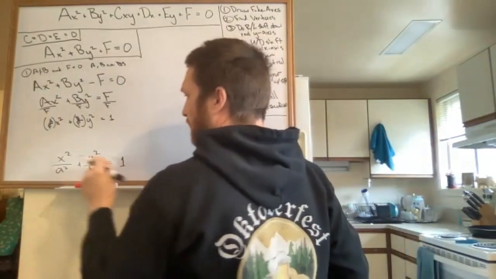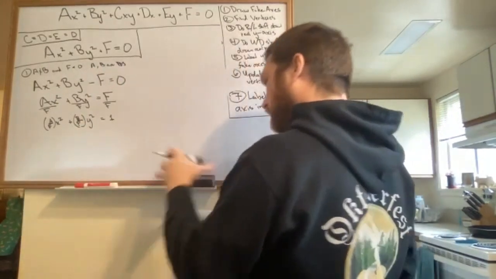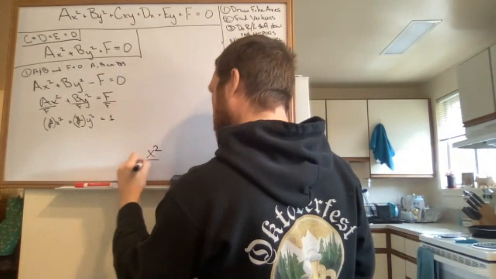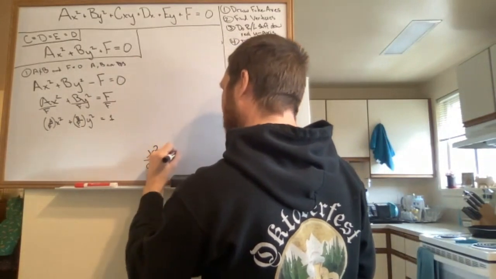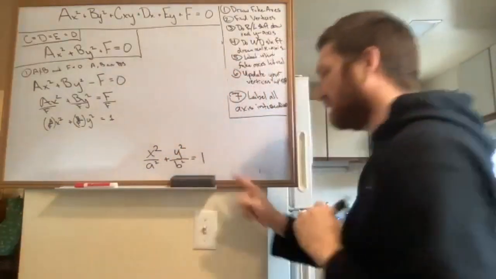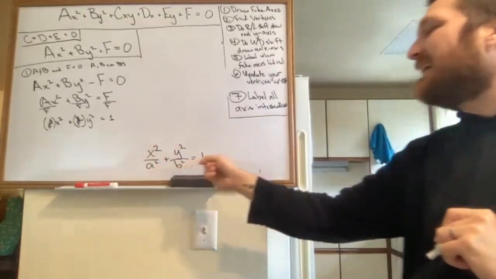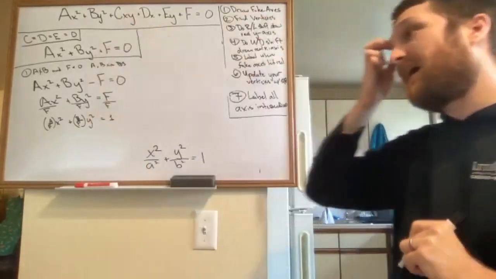I'm going to divide by the reciprocal of those things. What I'm looking for, this is my goal: if I could turn it into this, then this equation right here has all the information I need in order to graph that guy.